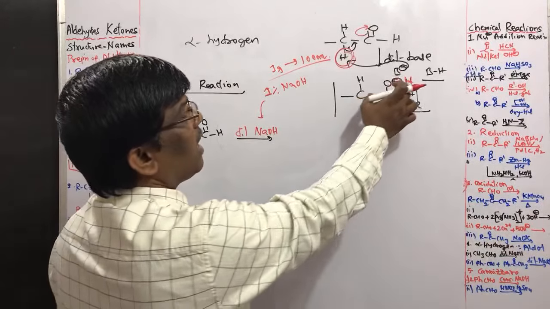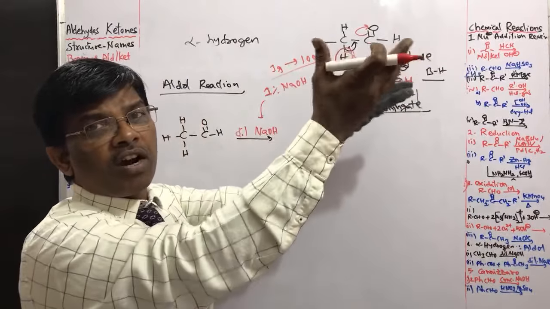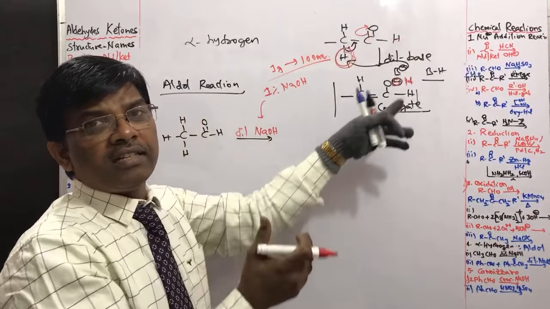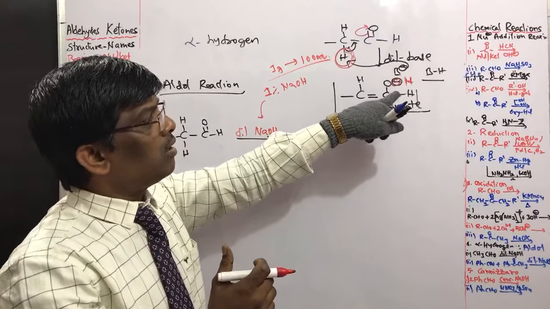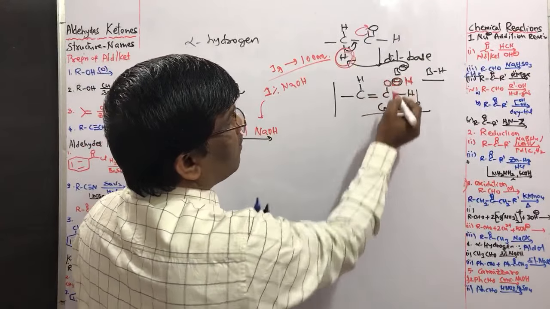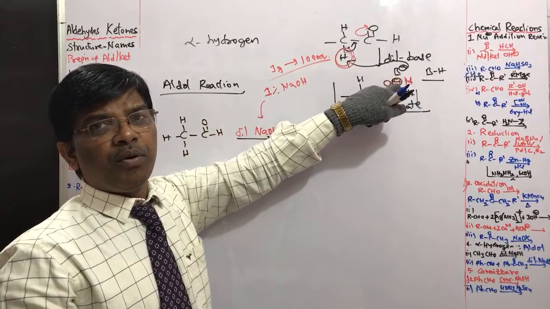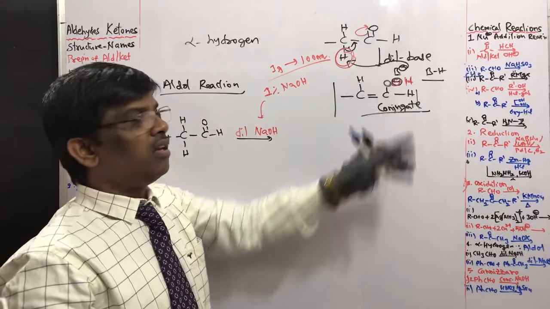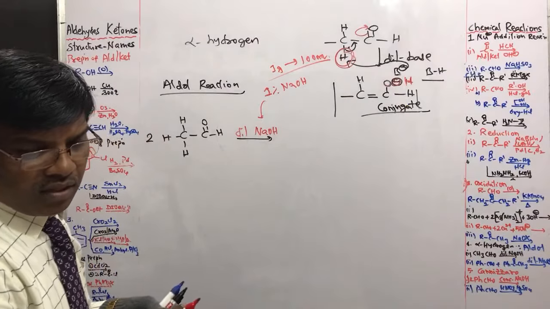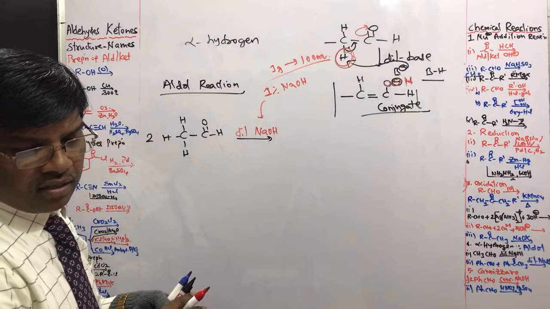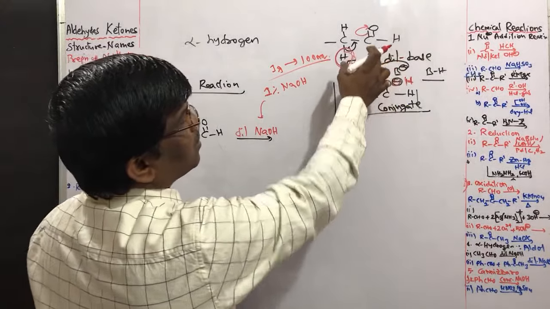It is not in a hurry to take up a proton, and is ready to take up whatever comes in. It is stable because the oxygen with negative charge is an electronegative atom, it takes up O minus and is stable. Right.